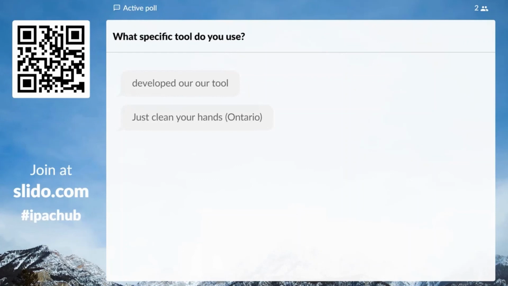Okay, so some people have entered, they've developed their own tool. Some people are using the Just Clean Your Hands or the Ministry tool that was shown. Okay, thank you for those of you that entered responses.